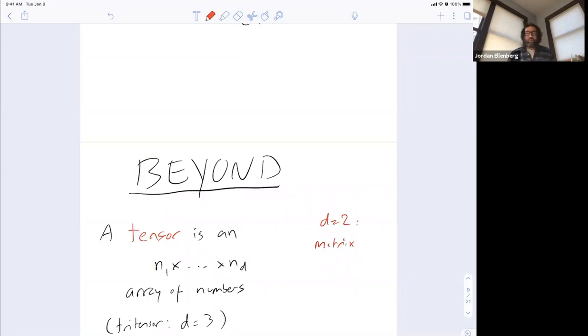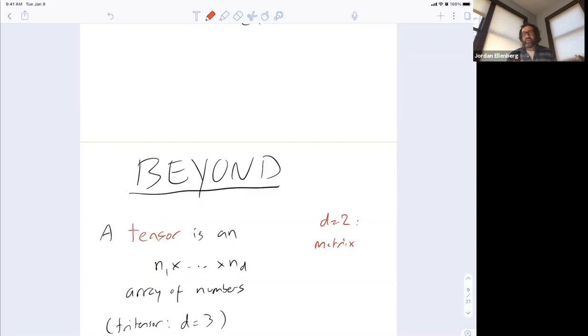And what I want to talk about for the rest of this talk is what happens when d is bigger than 2. Just because it's easy to write down, all the examples I'm going to talk about are for what are called tri-tensors, which is the case d equals 3. But in some sense, this is one of those problems where d equals 2 is one level of difficulty, and then d higher than 2, you immediately jump to a much higher level of difficulty.